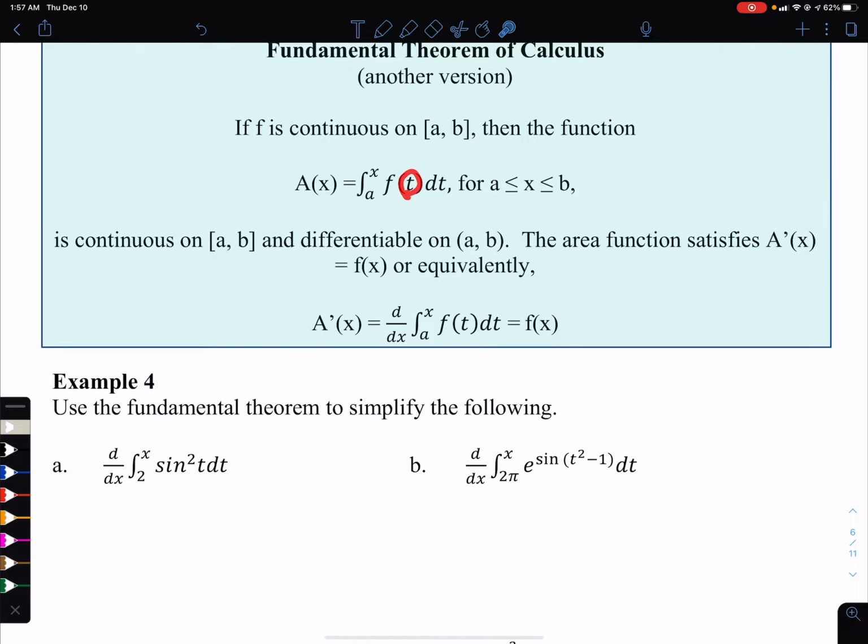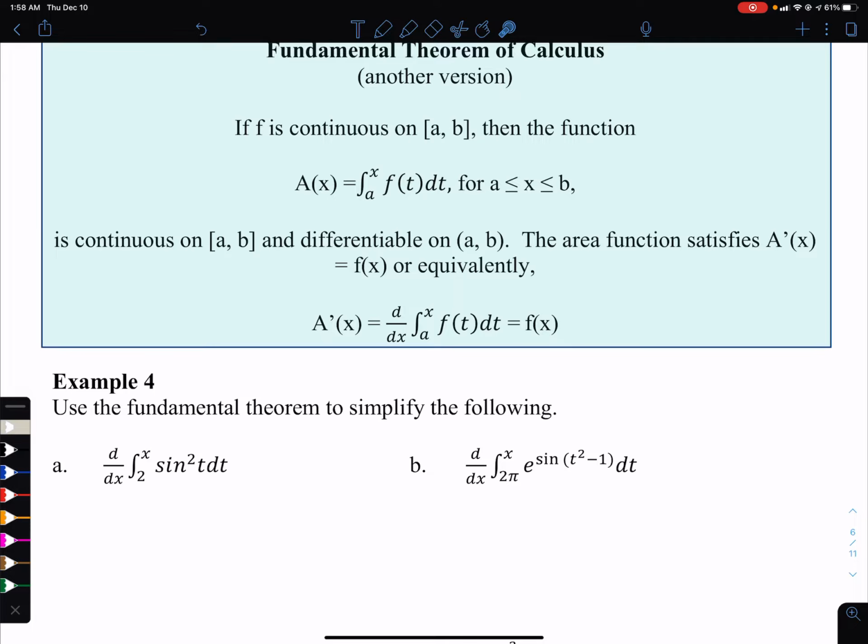And here you have t's. That is different from that. They're not the same. Because this is the bound of your definite integral. You're going from a to x. X is going to be some constant. You might pick 5. It'll be from a to 5. This t is your variable of your function. It's going to vary. So this is not the same as that.